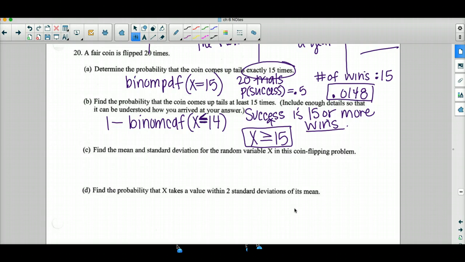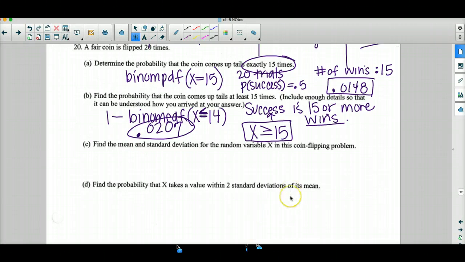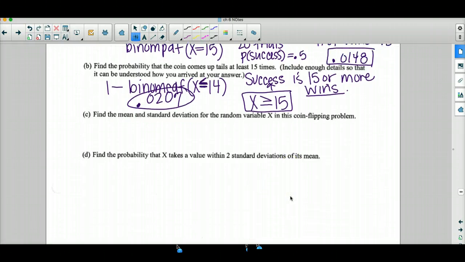Okay, 1 minus binom CDF. I have 20 trials. My probability is 0.5, and my success value is 14. And I have 0.0207. The mean and standard deviation.